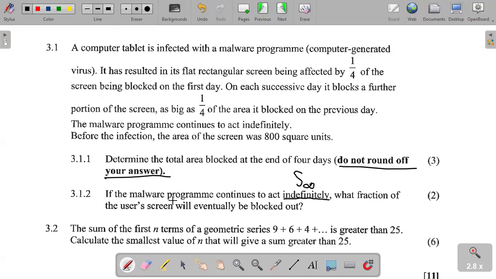They're saying that it goes indefinitely. Because our ratio R here is 1 over 4, because it keeps on multiplying by 1 over 4 in each consecutive day as each day passes.